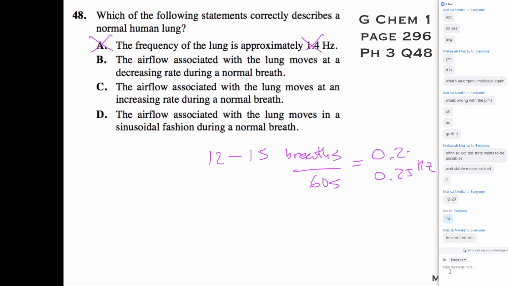Okay, airflow associated with the lung moves at a decreasing rate during a normal breath. I'm not really sure. Is that true? Sounds pretty consistent. Can I give that a question mark? Because I don't really know.